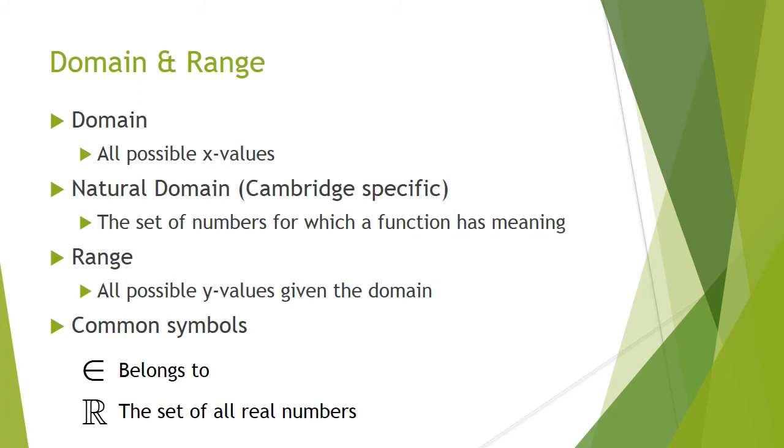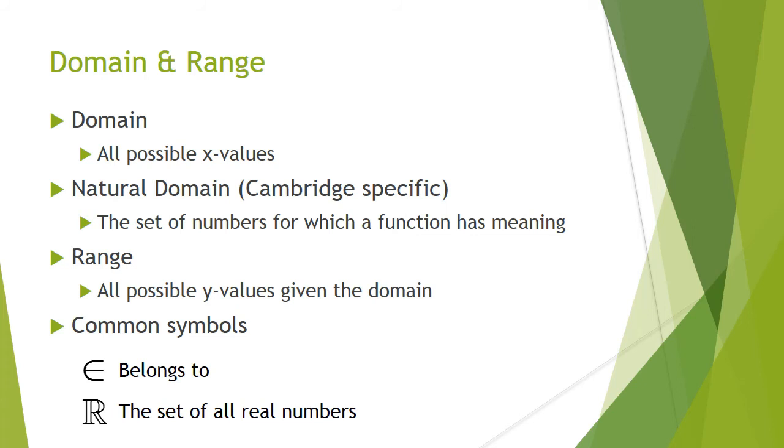Moving on to domain and range. We've talked about this in the past. I'm going to do a very quick overview. Domain is all possible x values. The natural domain, which is specific to Cambridge, and it may be used in other math classes, I just haven't used it. I can't remember if I've ever used it. It's the set of numbers for which a function has meaning. Most of the time, people just call this the domain.